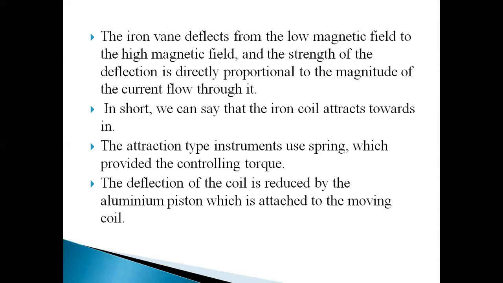Immediately after removing that, what should the pointer do? After measuring that value, the pointer should turn back to the original position, that is, it should come back to the zero value. All this is because of the controlling torque.